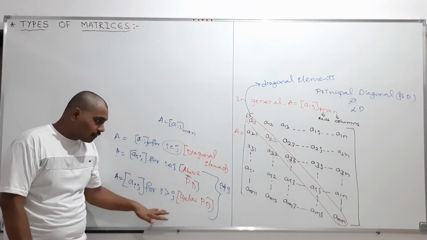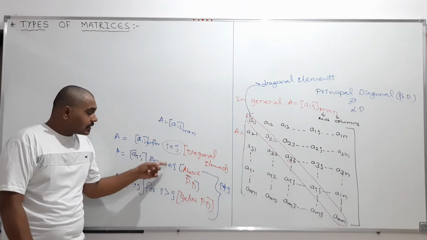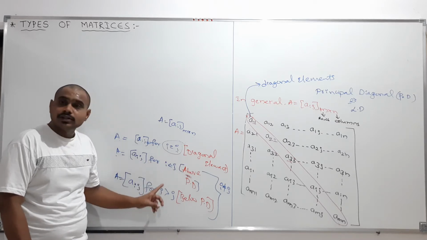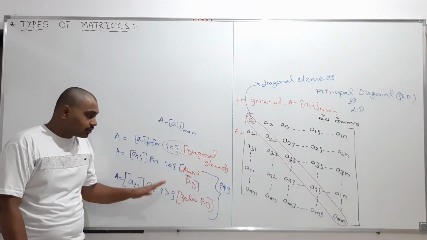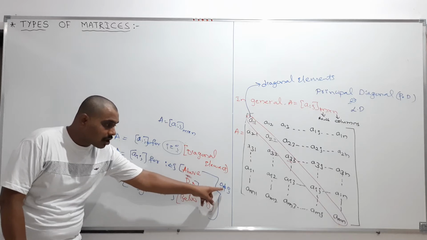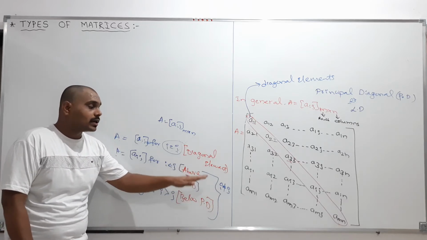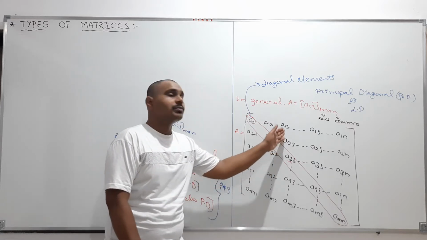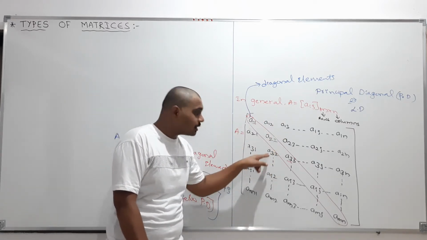Is it? So therefore what can we say here? The i value is not equal to j here either; it is less than j in one case and greater than j in the other. So therefore i is equals to j means diagonal elements, and i is not equals to j means non diagonal elements, which may be above the principal diagonal or below the principal diagonal.